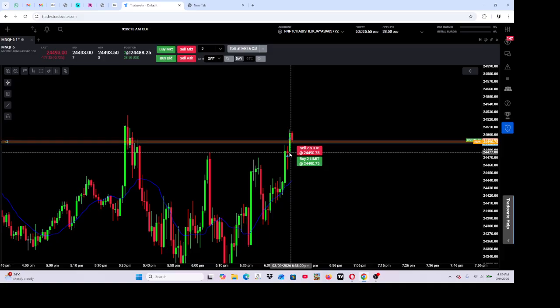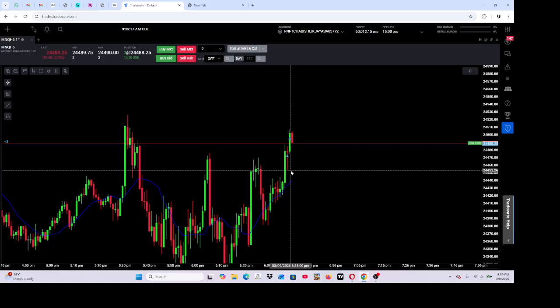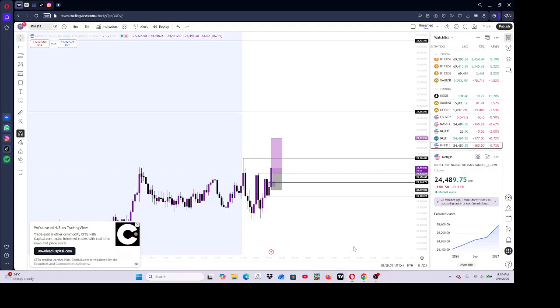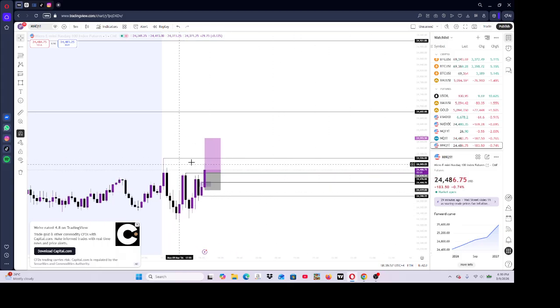I'm going to set a stop loss underneath these lows. We should push higher. We didn't sweep these highs.